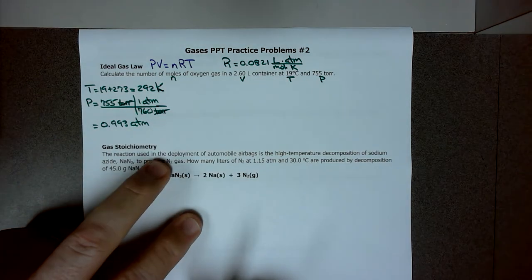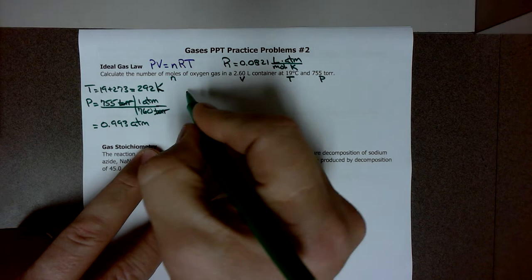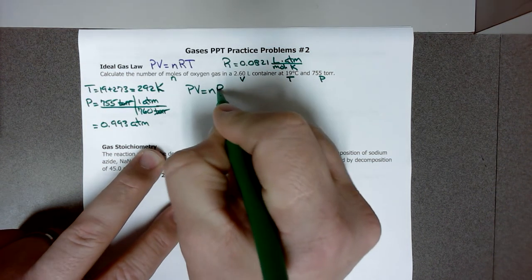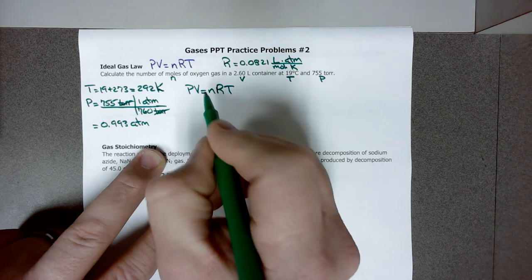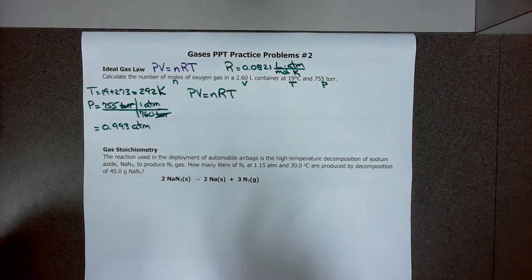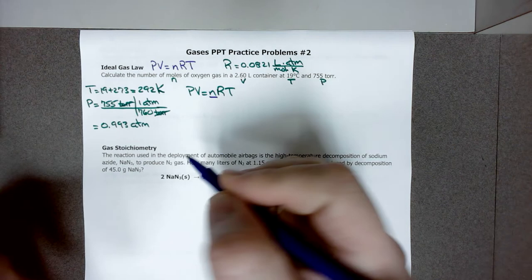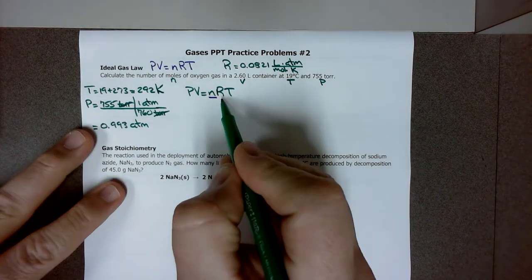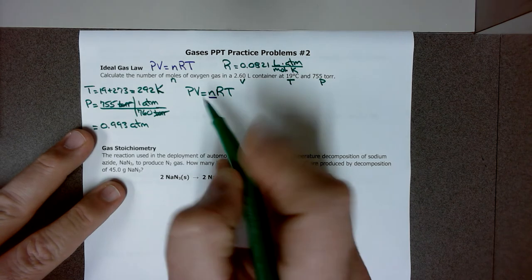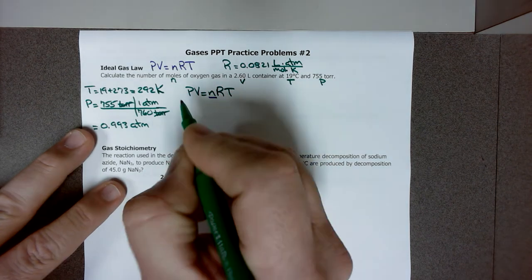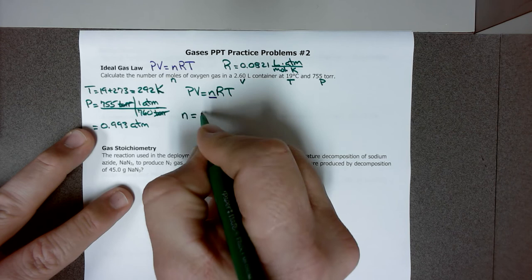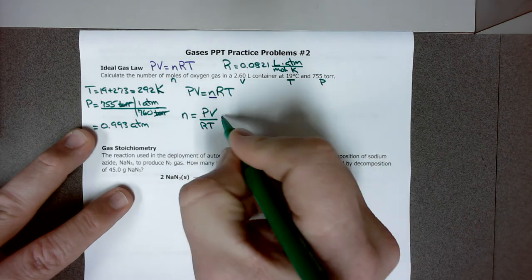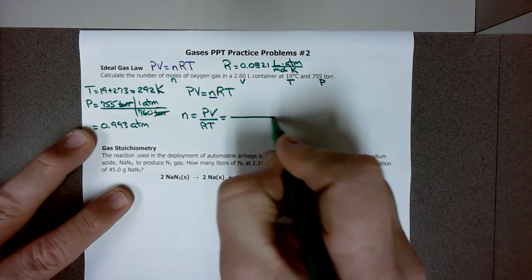We write the original equation, which is PV equals nRT, and I'm going to isolate n, the number of moles. I divide both sides by RT. So n is equal to PV over RT. Now I'm going to substitute and solve.